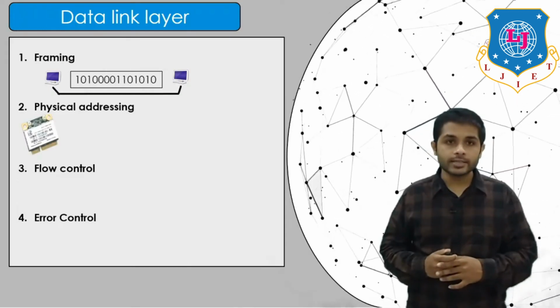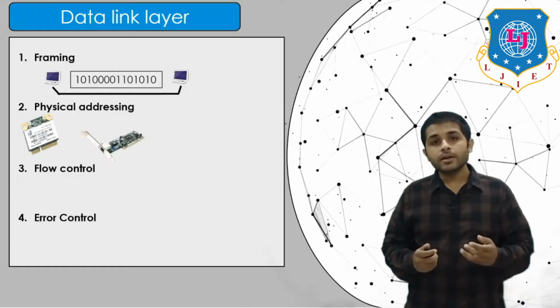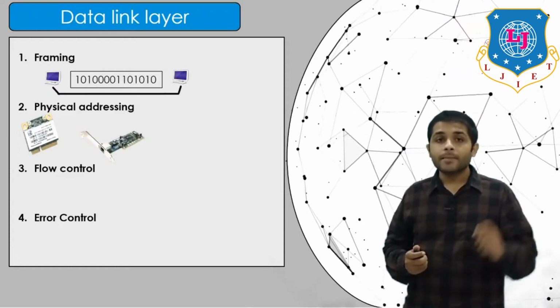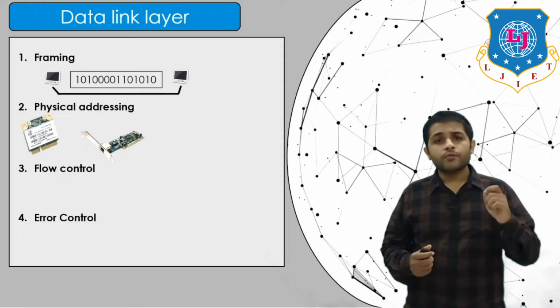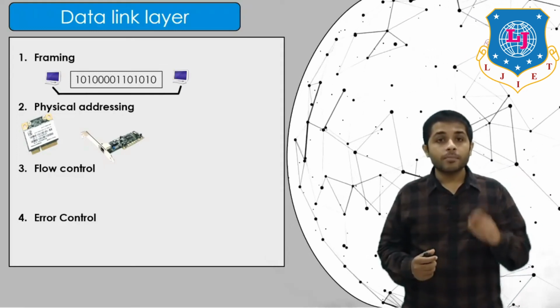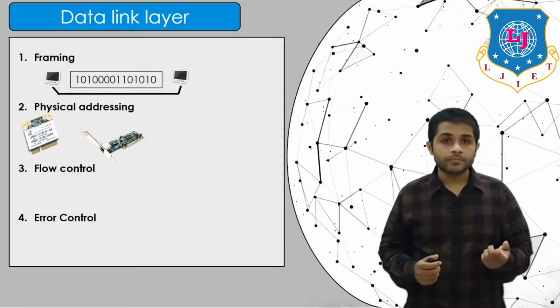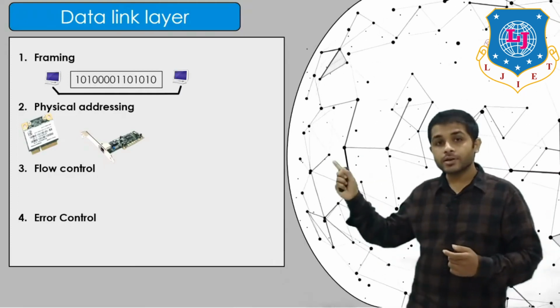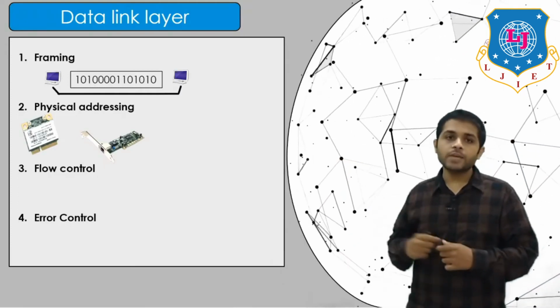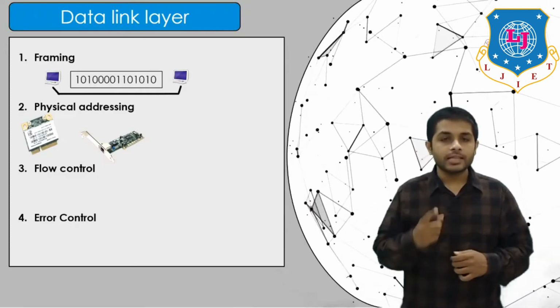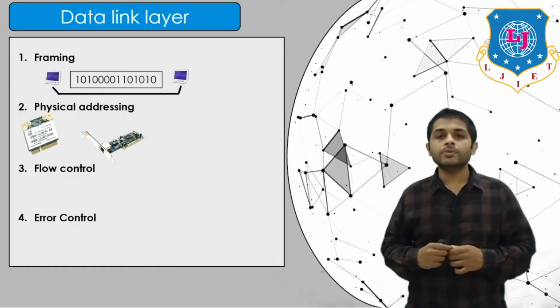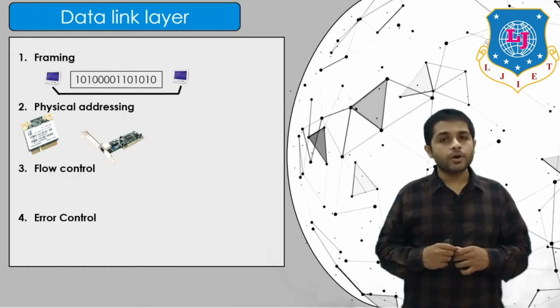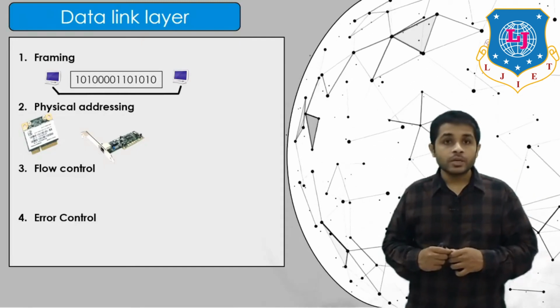Then there is physical addressing. The physical addressing means MAC address. 48-bit MAC addresses are burnt on network interface card. You can see the first figure is the Wi-Fi card which can be found on your laptop, and the second figure is network interface card which can be found on your desktop.